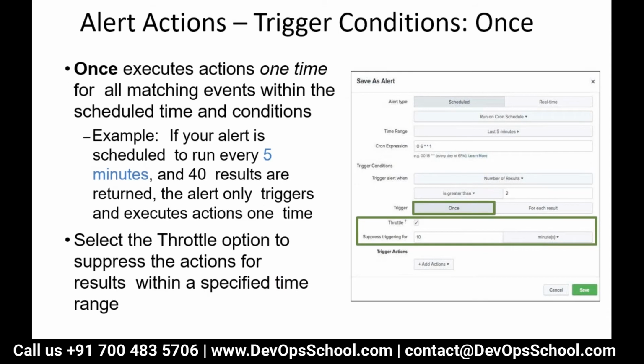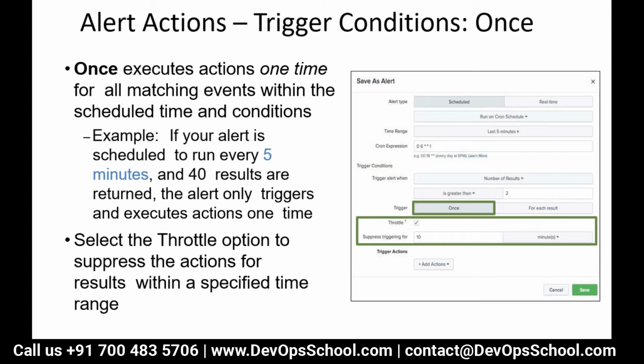So yes, you can change that also. And here, once means execute actions one time for all matching events within the scheduled time and condition. Example, if your alert is scheduled to run every 5 minutes and 40 results are returned, then the alert only triggers and executes actions one time.